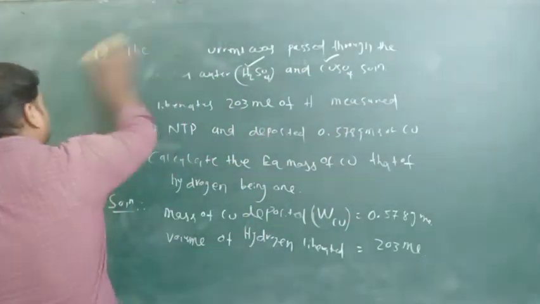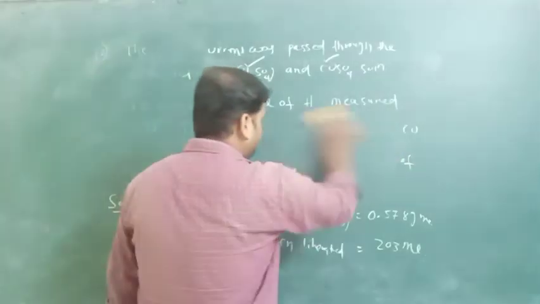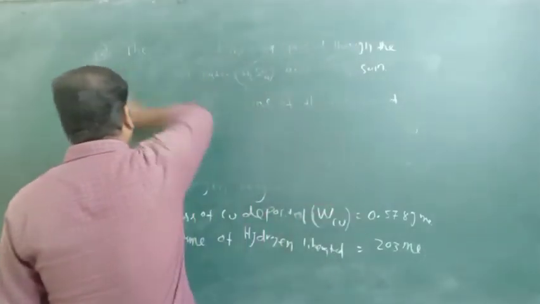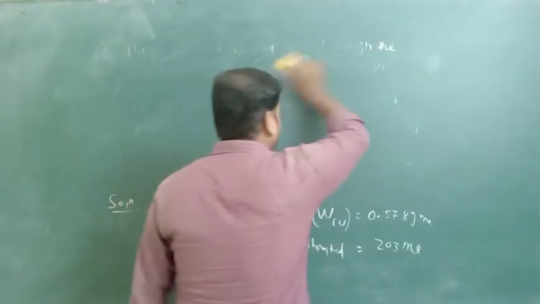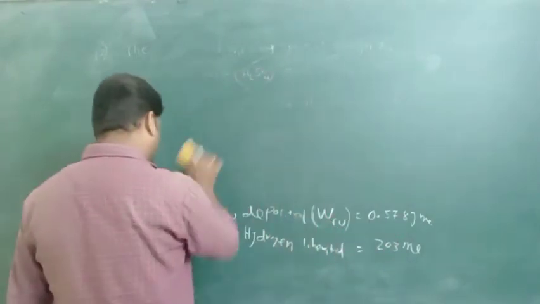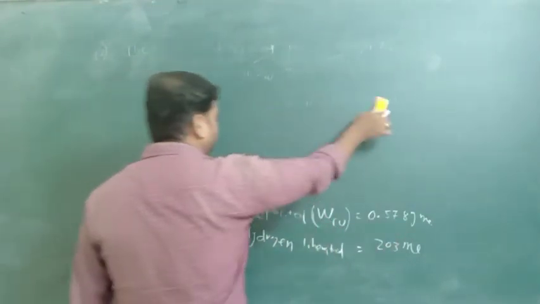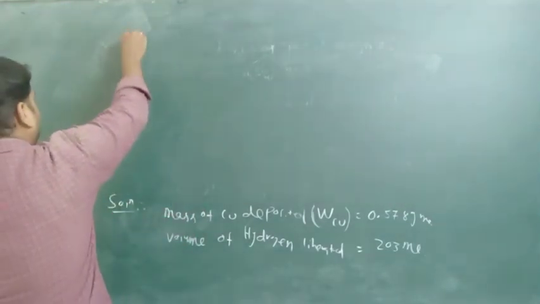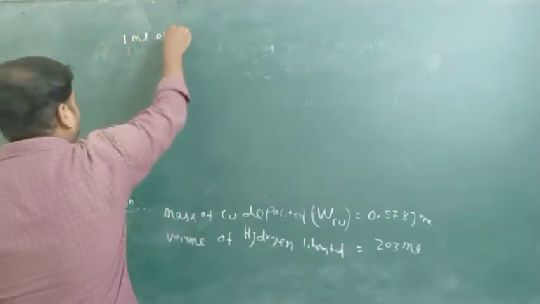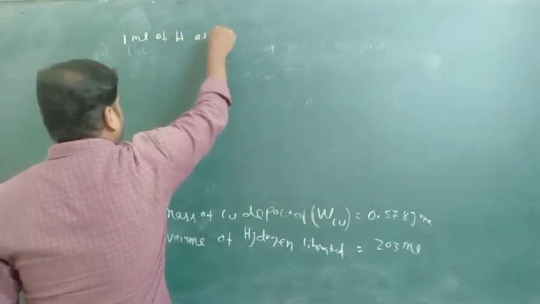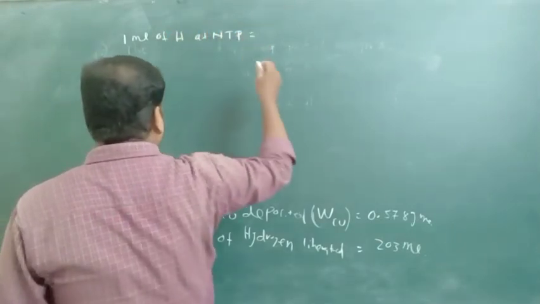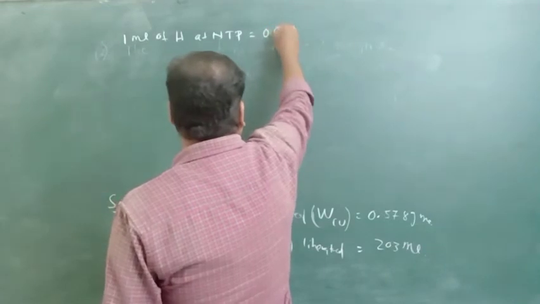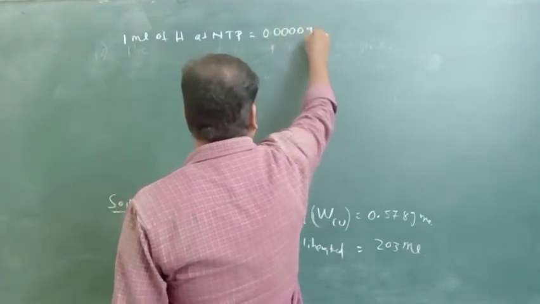Okay, so we have to convert the volume of the hydrogen into grams. So we know that 1 ml of hydrogen at NTP equals 0.00009 grams.